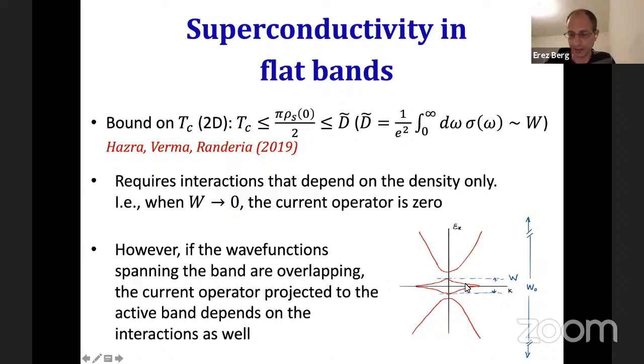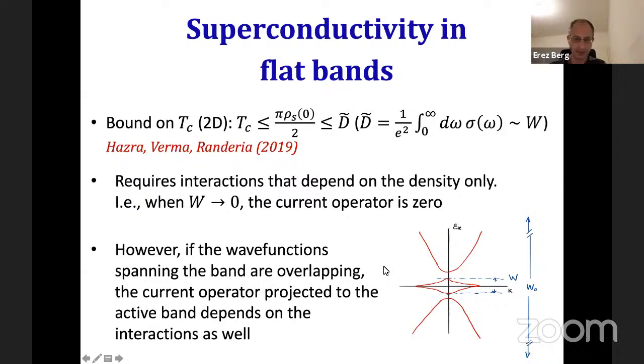So clearly if the chemical potential is somewhere within this flat band, you don't really care about what's going on in these higher bands, but this bound, as it's formulated, tells you that you have to integrate over everything. Now, the alternative is you can project the Hamiltonian onto the active band, but then you need to project the current operator as well.